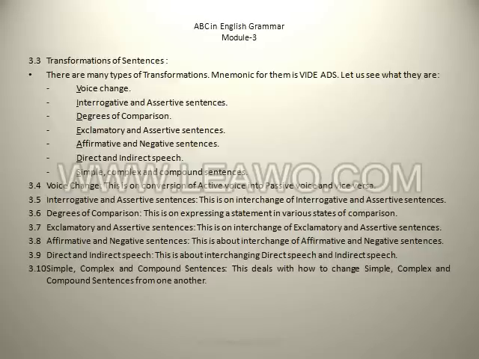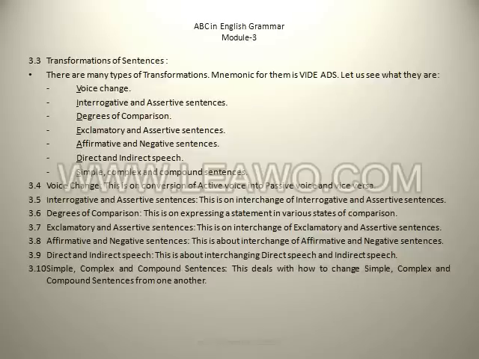Voice change. This is on conversion of active voice into passive voice and vice versa. Interrogative and assertive sentences. This is on interchange of interrogative and assertive sentences. Degrees of comparison.